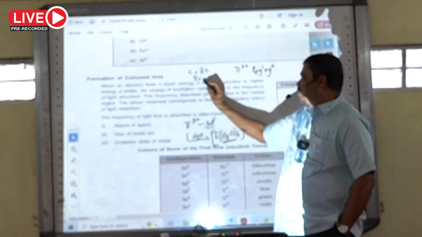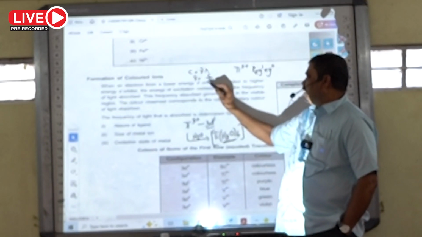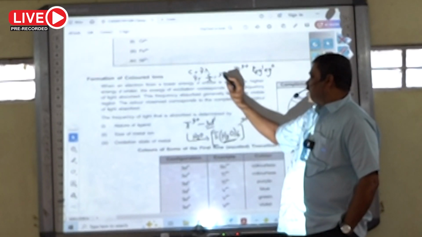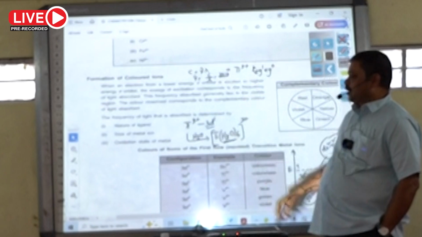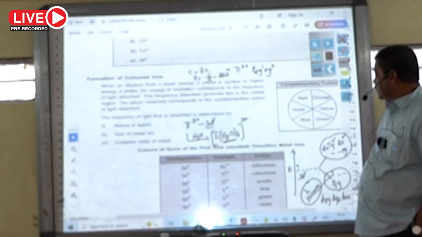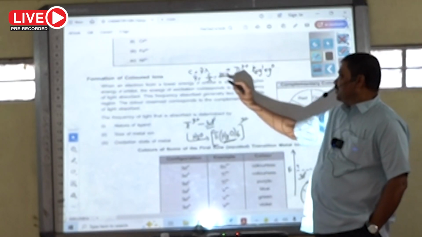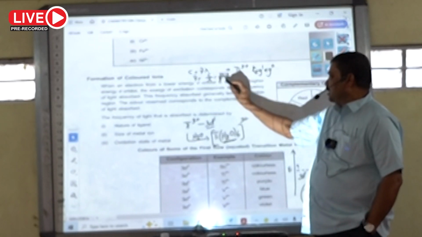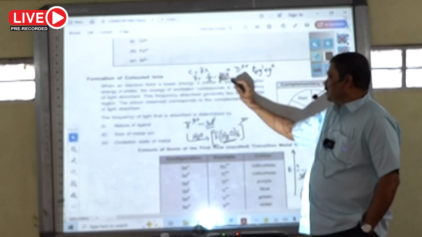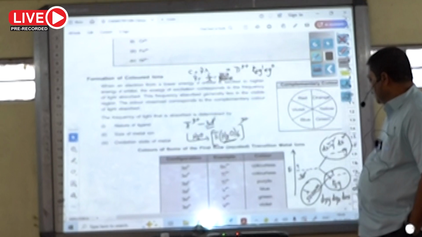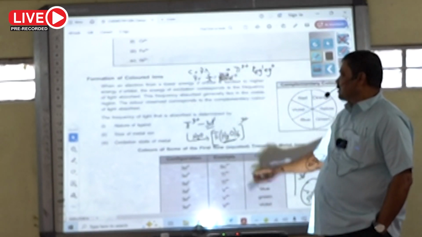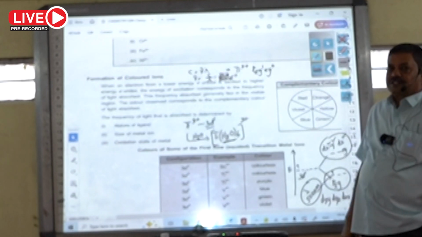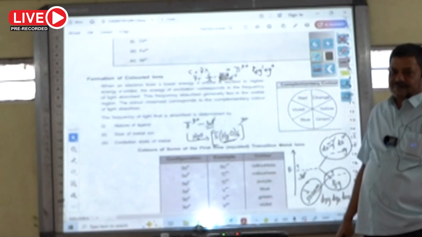You want to calculate nu, c by lambda. c is velocity of light, 3 into 10 power 10 centimeter per second, by lambda is 500 into 10 power minus 11 centimeters. If you simplify this, you will get frequency.